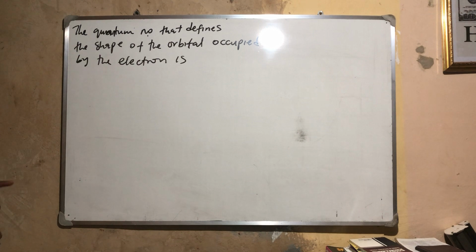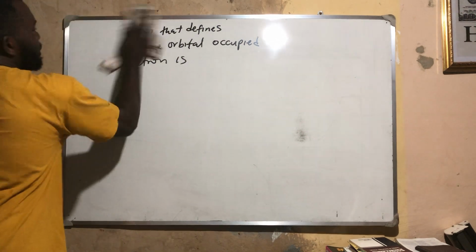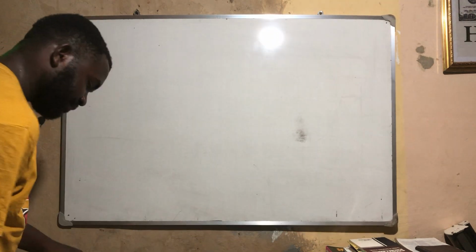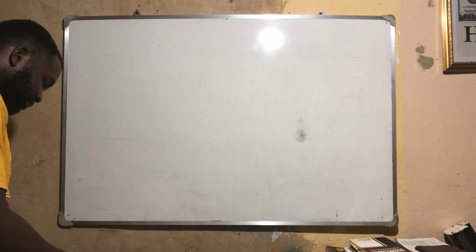And don't forget that s has a spherical shape, p has a dumbbell shape, and d has a double dumbbell shape, while for f the shape is complicated. All right? But the quantum number that shows the shape of an orbital is called the Azimuthal quantum number.